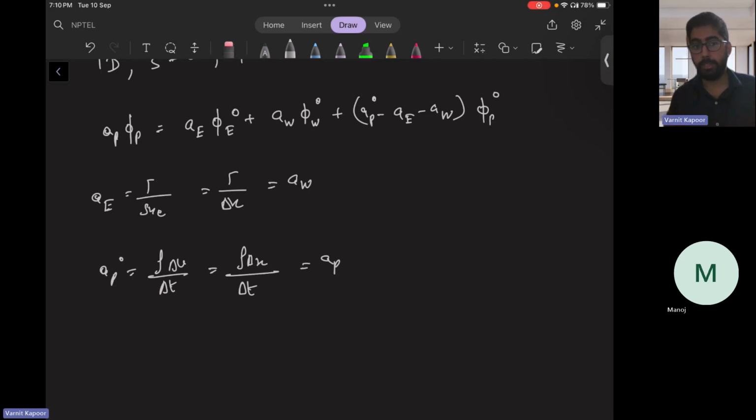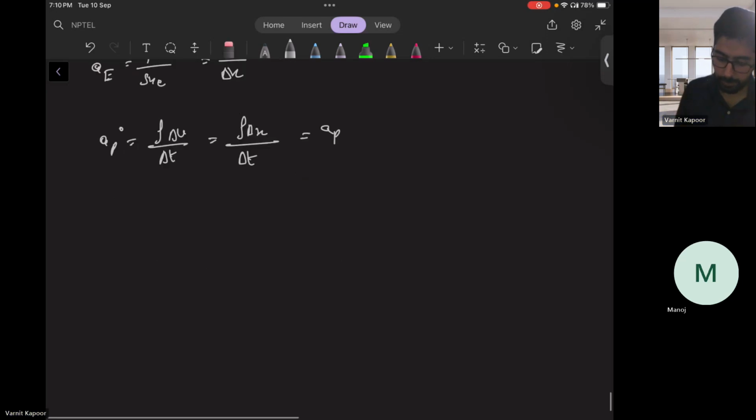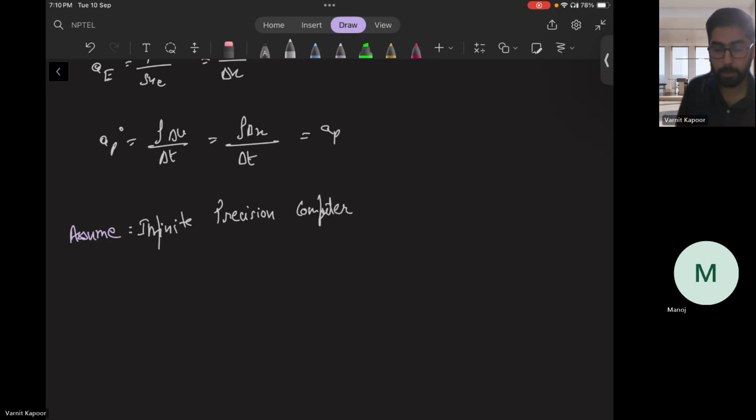Let us suppose that we have an infinite precision computer, with zero round off error. There won't be any round off error.